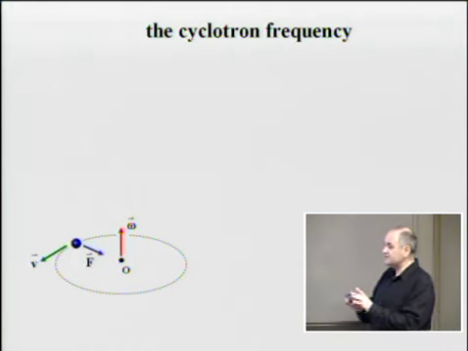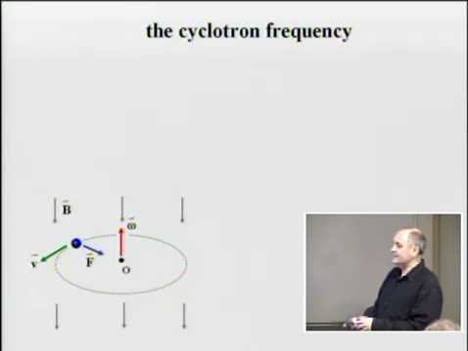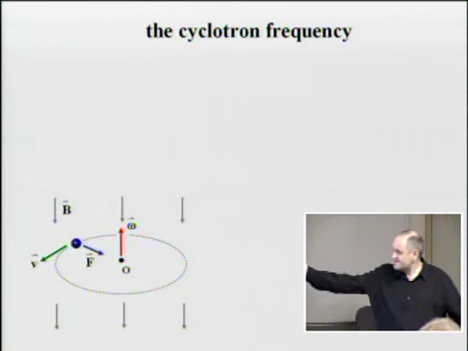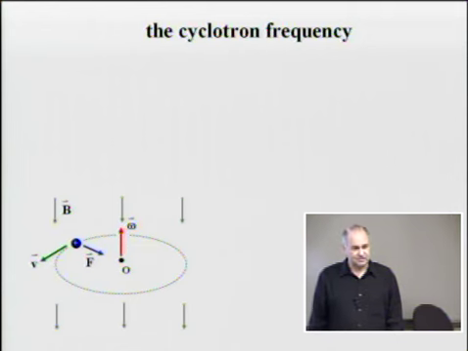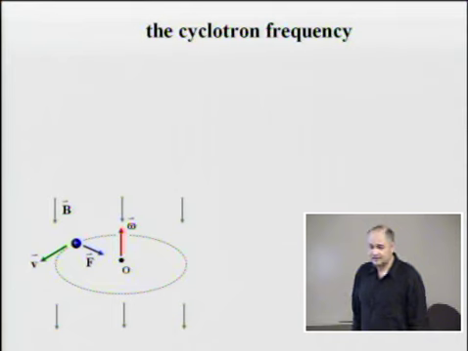I can recognize now that in order to have force toward the center, the magnetic field has to be down. Can you see it? Well, let's use the right-hand rule again. The velocity of the particle is toward us.